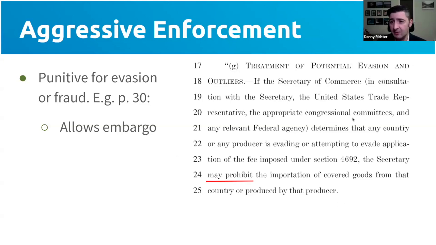And if you go a little bit higher in the text, the country or producer is evading or attempting to evade application of the fee. So this is an embargo. So this language says if you are evading the payment of this tariff, then you can't export to the United States, period. So that is aggressive enforcement.